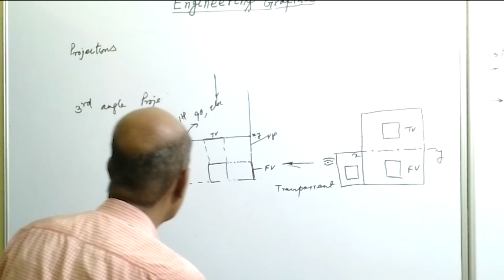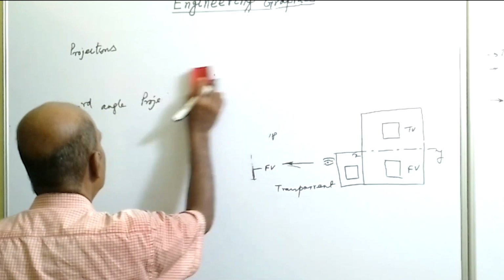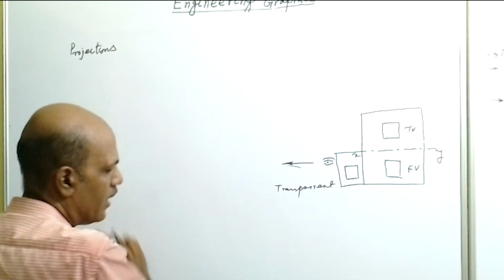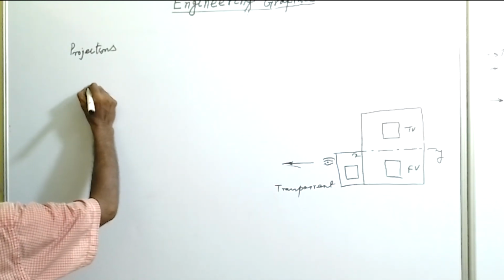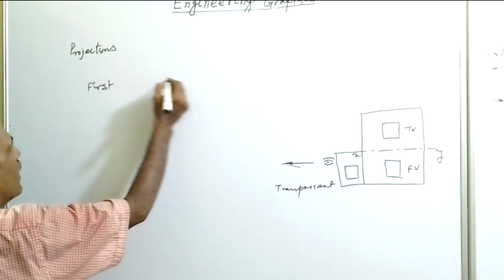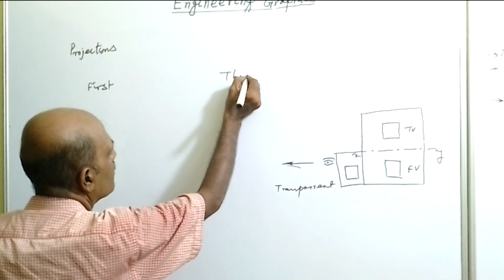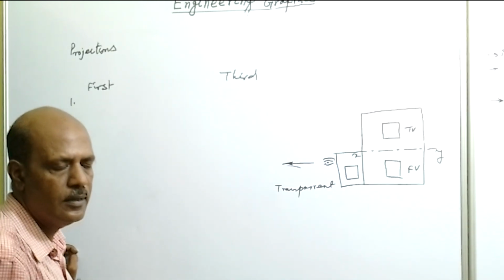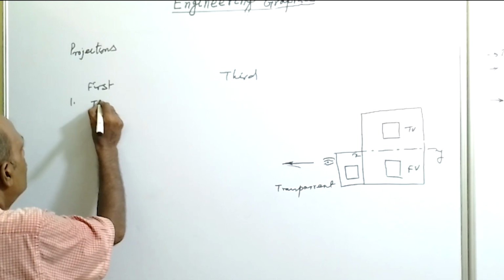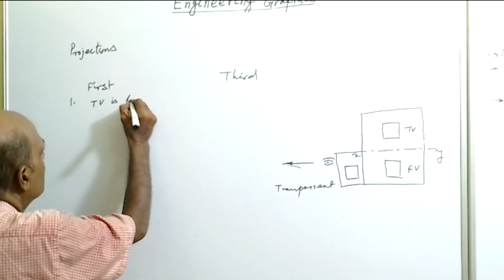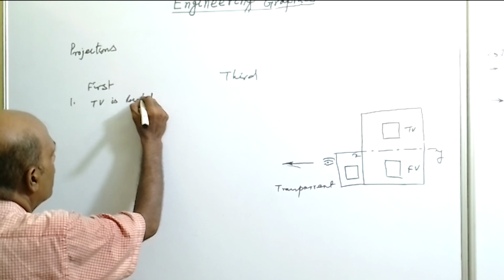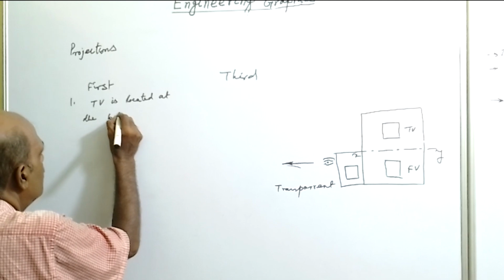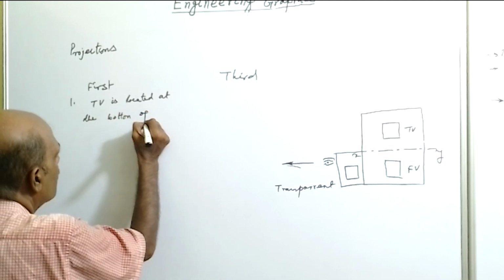So we can compare the first angle and third angle projections. What we have seen: first angle projection and third angle projection. In first angle projection, the top view is located at the bottom of the front view.